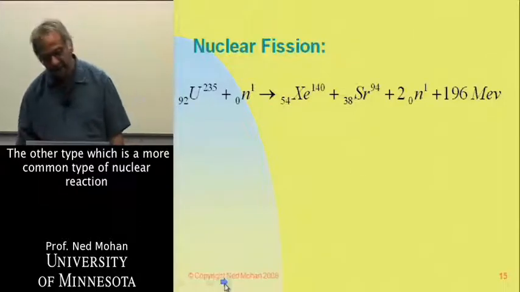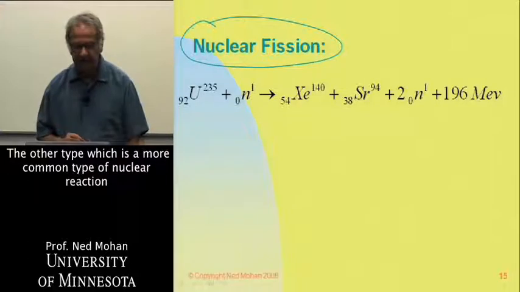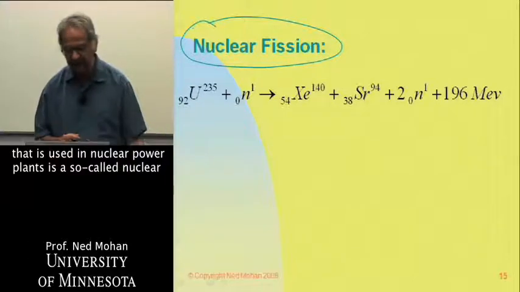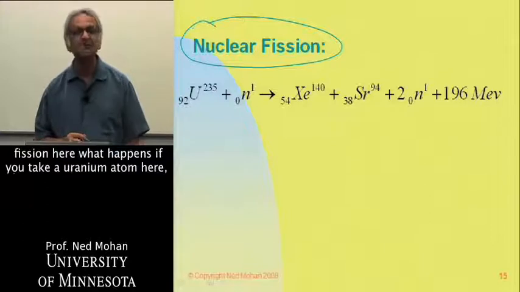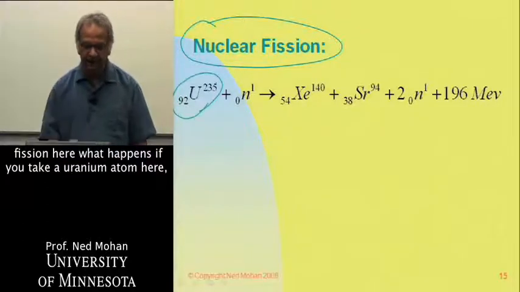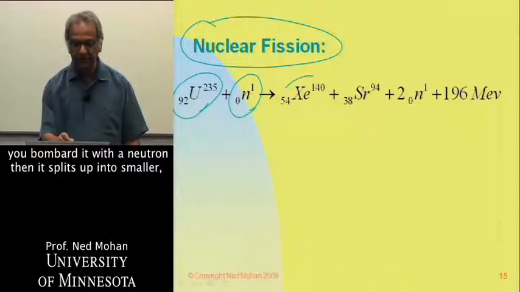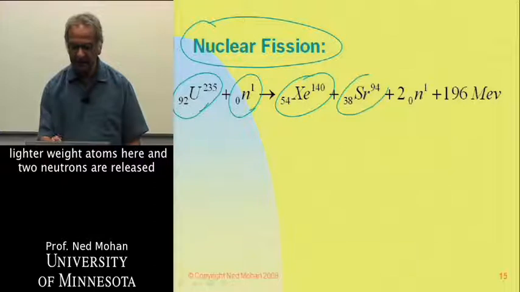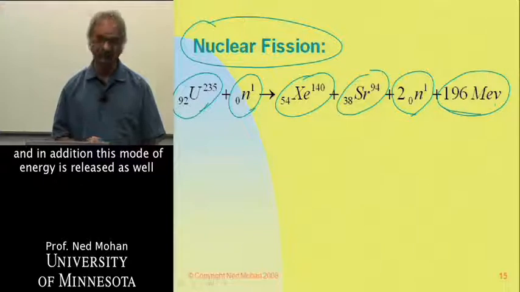The other type, which is a more common type of nuclear reaction that is used in nuclear power plants, is so-called nuclear fission. Here what happens is, if you take a uranium atom and bombard it with a neutron, then it splits up into smaller, lighter weight atoms, and 2 neutrons are released, and in addition, this amount of energy is released as well.